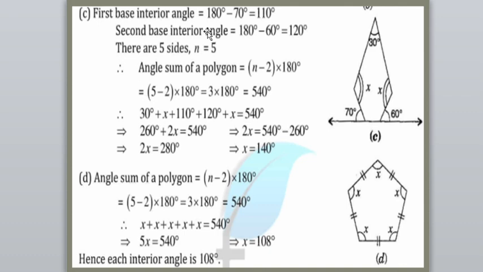Then the second base interior angle: this angle and this one are in a linear pair. It means 180 degree minus 60 degree equals 120 degree. So here also we got this interior angle as 120 degree. Now here there are 5 sides, n equals 5.